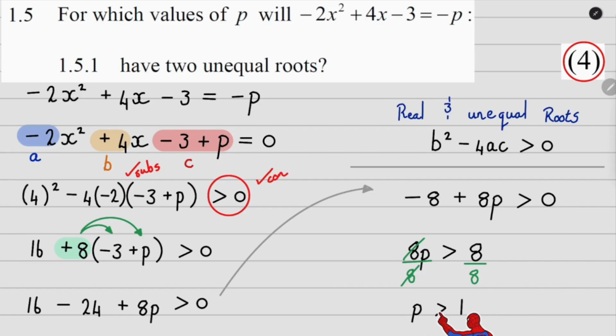So whenever p is bigger than 1, we're going to get unequal roots for this quadratic, or unequal x-intercepts if you want to see it that way. Let's have a look where the 4 marks come from. We get 1 mark for the substitution into the discriminant formula, 1 mark for the condition of making the discriminant bigger than 0, the third mark comes from the correct delta expression, and the fourth mark comes from the correct final answer.